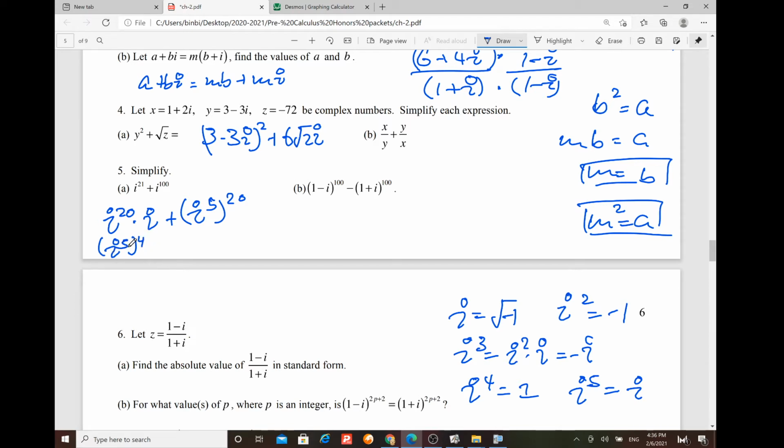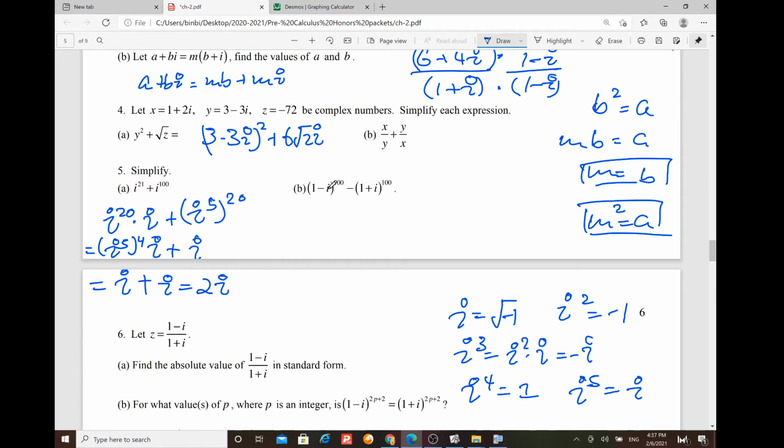So I to the 5th power, that's I to the power of 4, which is 1. So 1 times I. So basically this one is just I. And then plus I to the power of 5. We can start with I to the power of 20 first. I to the power of 20, that's just 1. Then I to the power of 5, back to I again. So plus I plus I, 2I.